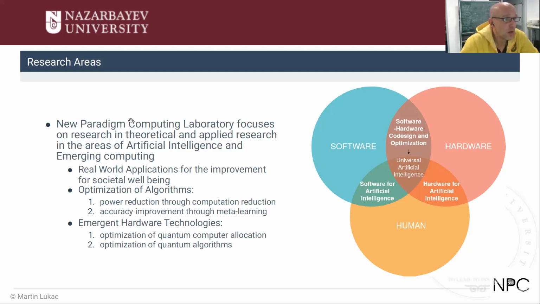So now the lab is called the New Paradigm Computing, and the idea is that we're trying to do a cross-disciplinary or interdisciplinary research, in a sense of trying to join together, let's say, 3 different areas for the purpose of studying artificial intelligence and improvement of human society. So we have the area, let's say, of software.